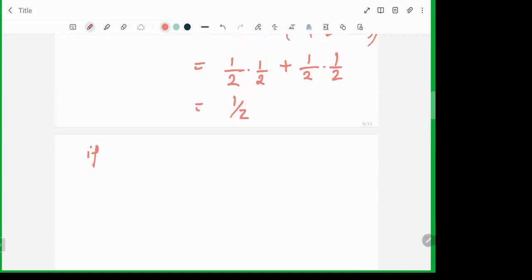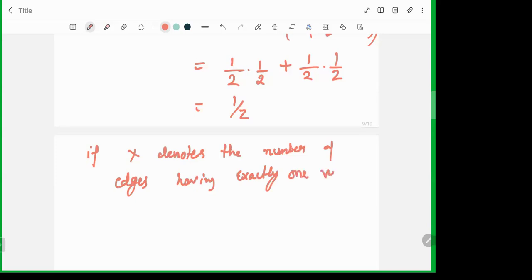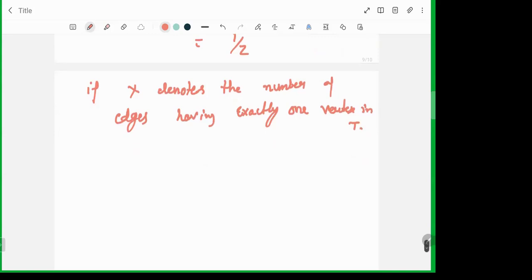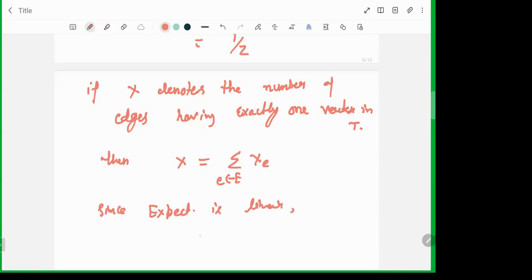So if X denotes the number of edges having exactly one vertex in T, then basically X is the summation over e in E of X_e, and since expectation is linear, E[X] is the summation over e in E of the expectation of X_e.